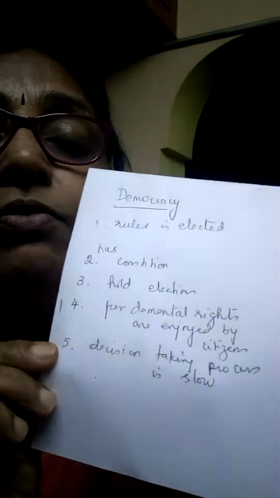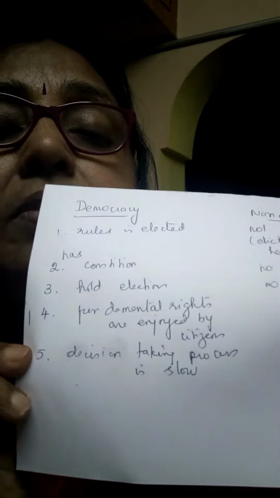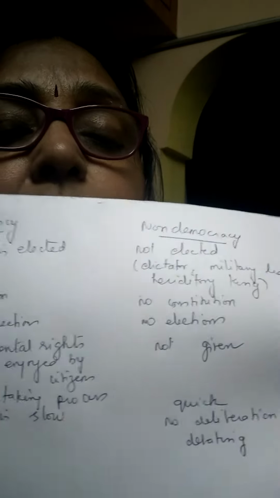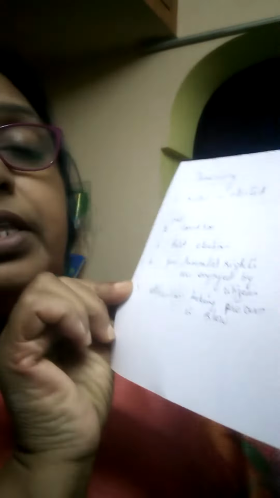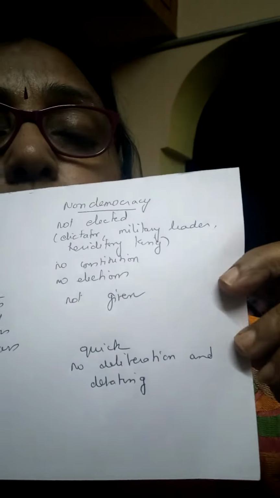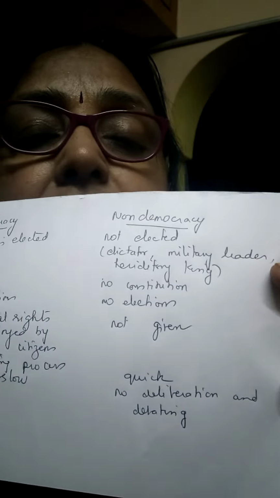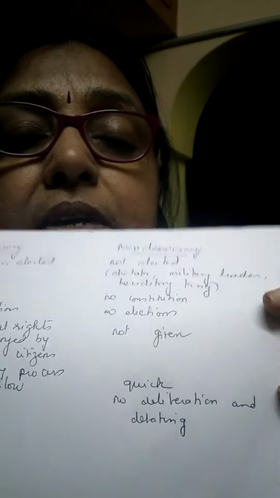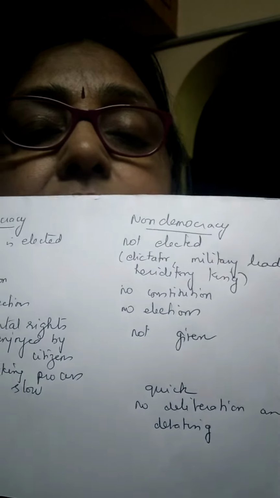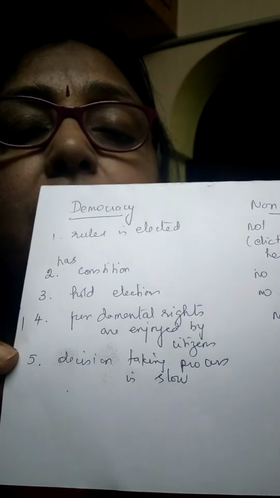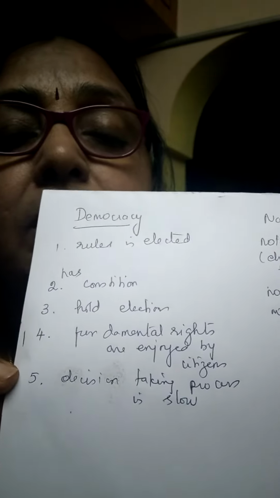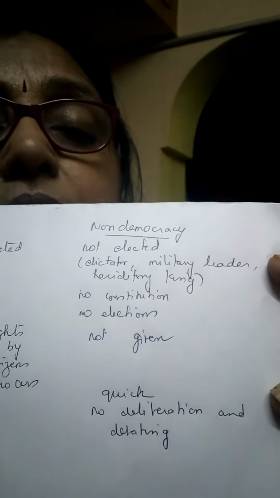The next, fundamental rights are enjoyed by citizens in a democratic country, whereas here no fundamental rights are given. Then the decision-making process is slow in a democratic country, whereas here it is quick. So this can be asked under 5 marks or 3 marks. If you make a note of these points, it's easy for you to recall.